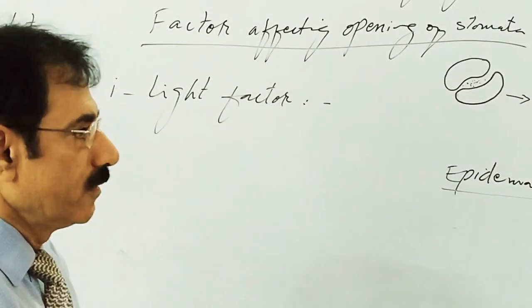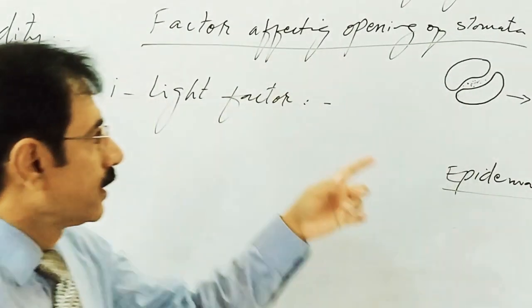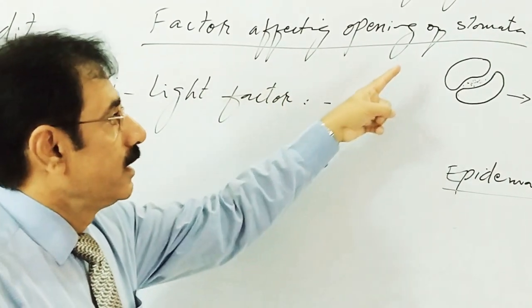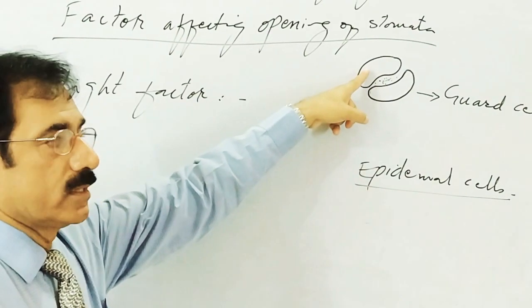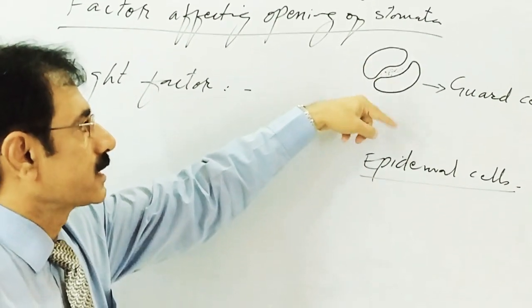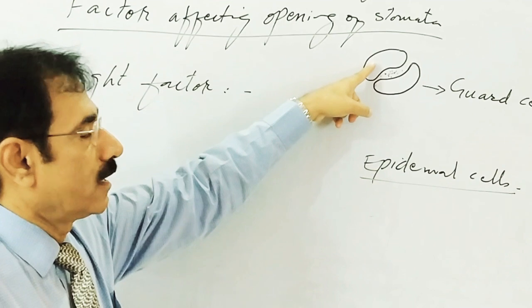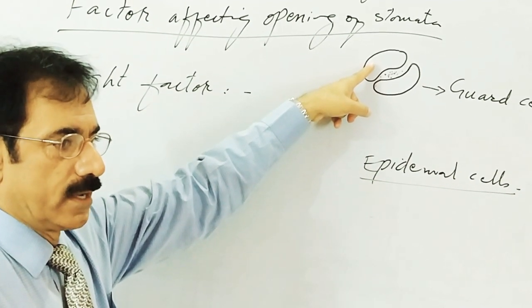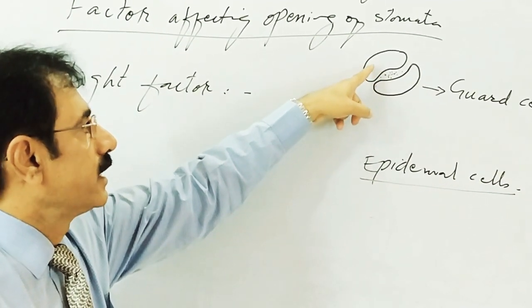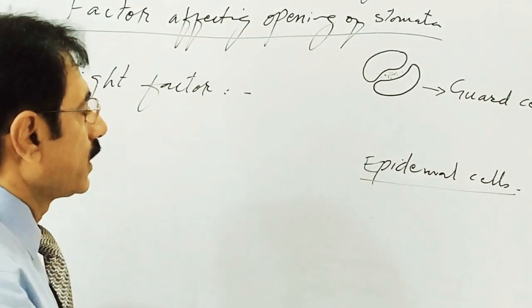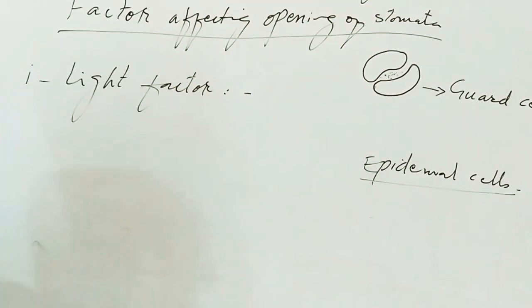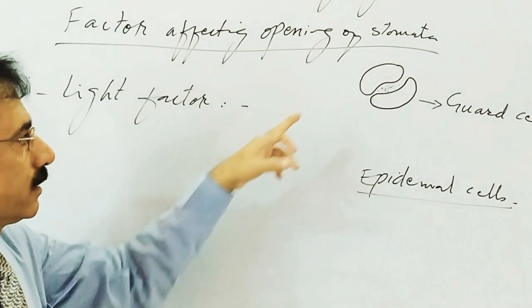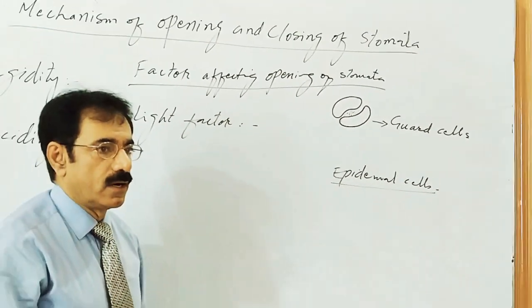Dear students, we know when the sun shines early in the morning, the photons of light strike upon the guard cells, and I have discussed already that the guard cells are green and photosynthetic in function. When the rays of light strike on the guard cells, they start producing glucose by the process called photosynthesis.